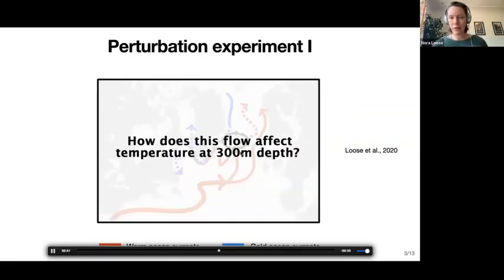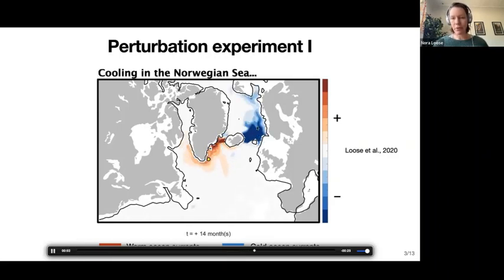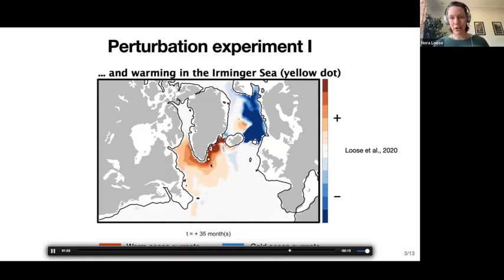So how does this flow affect temperature at 300 meters depth in our model? Well, as predicted by the mechanisms that I've just shown you, there is a cold temperature anomaly propagating into the Norwegian Sea due to a weakened warm Norwegian Atlantic current. At the same time, there is a warm temperature anomaly propagating into the Irminger and Labrador Seas due to a weakened cold East Greenland current.